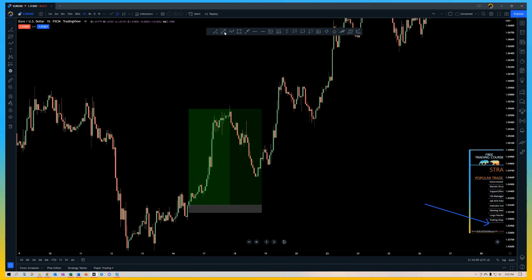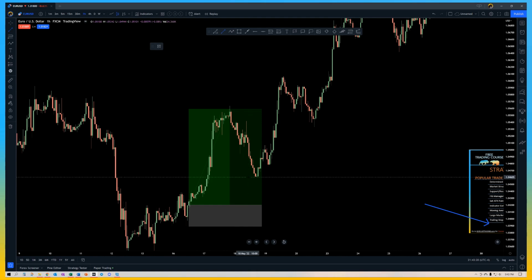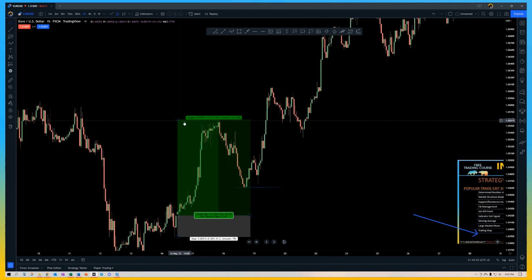And so right now, let's go ahead and put it at structure. I wasn't thinking. So we're putting our stop loss at structure here. And as price moves up, we move our stop loss here. And then as price continues to move up, we move our stop loss as price moves.